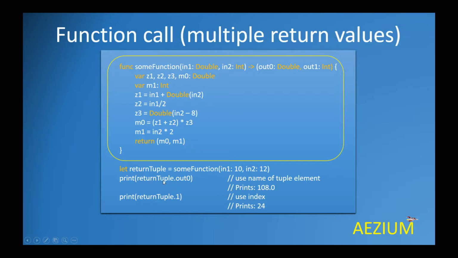In this first example, we are using the element name for the first element of our tuple, and in the second case we are returning the second element of our tuple, which is m1, by using indexing with .1.